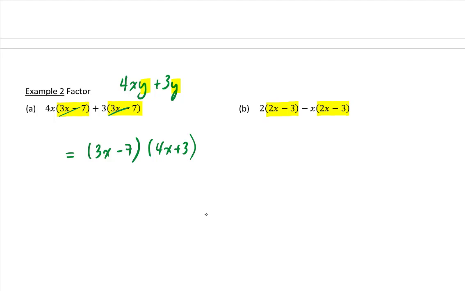Notice both of those terms are being multiplied by 2x minus 3. That's what we call our common factor. What we're left with, because we've factored them out, is 2 minus x. And there's the factored form for that expression.